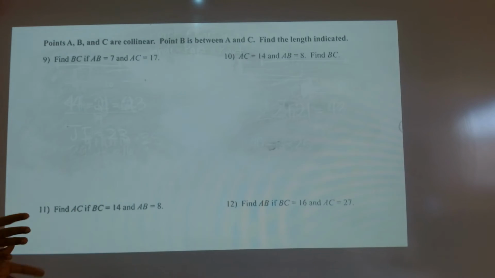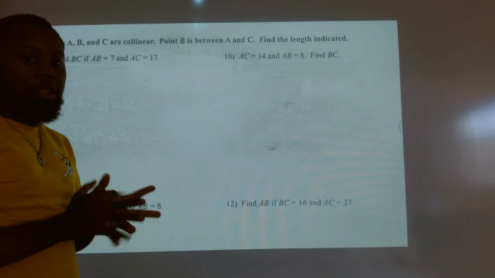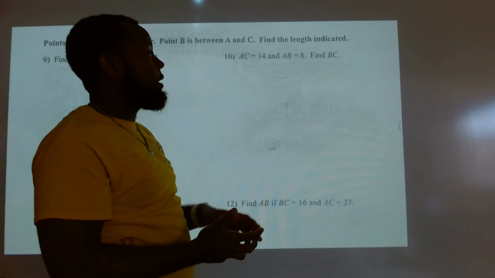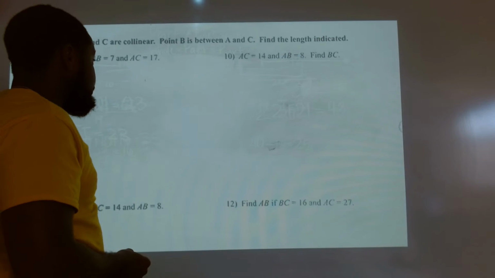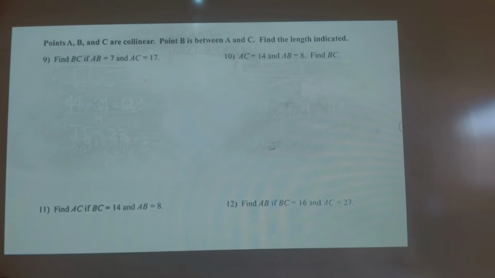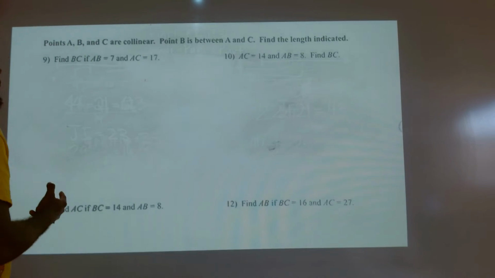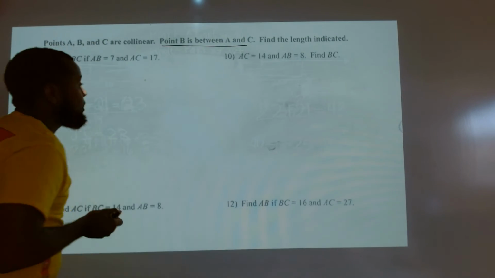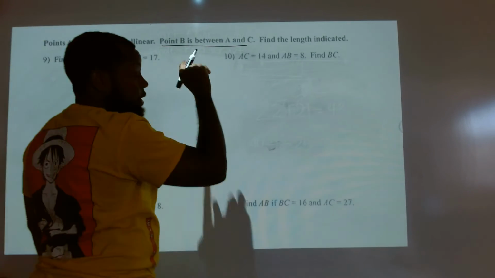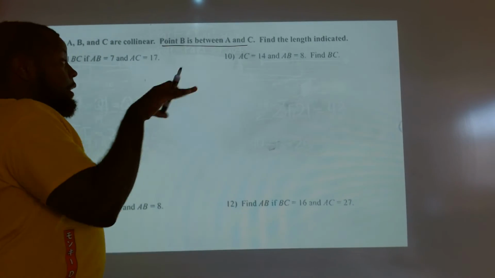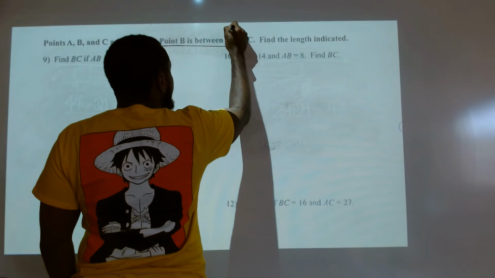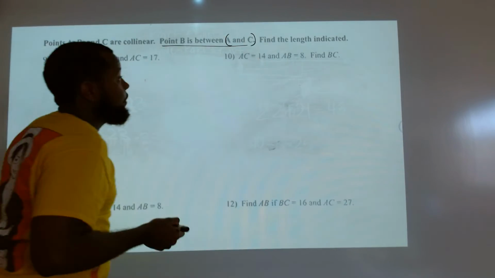So, points A, B, and C are collinear. You already should know what collinear means. We have been through this numerous times. Point B is between A and C. Find the length indicated. When it says point B is between A and C, A and C are your start and finish points.